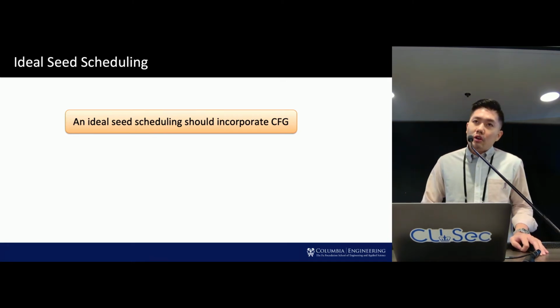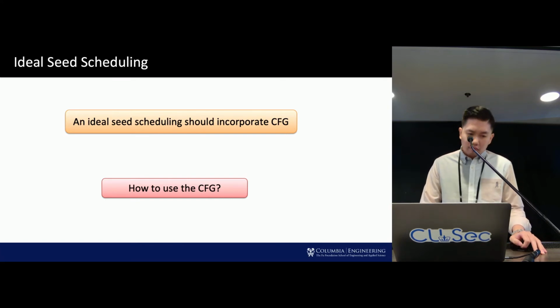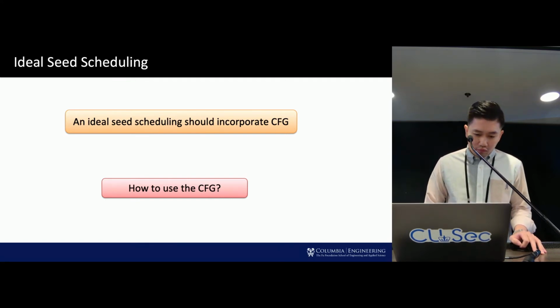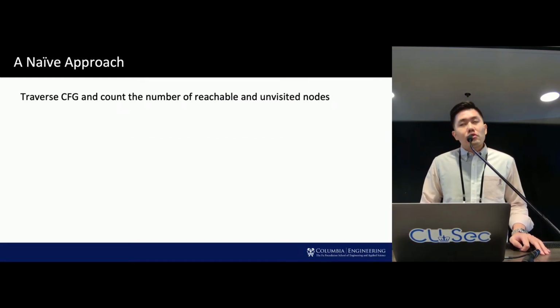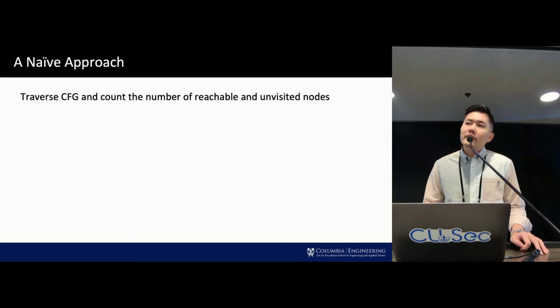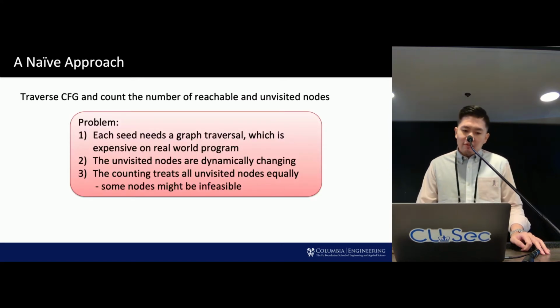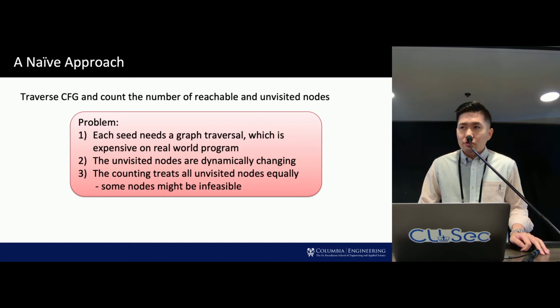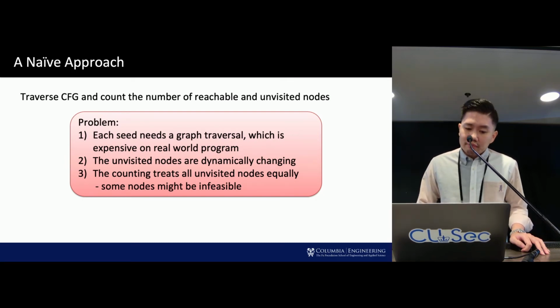Then the question here is, how to use the CFG in seed scheduling. Well, a naive approach is to simply traverse the CFG and count the number of reachable and unvisited nodes. But there can be many problems with this approach. First, the graph can be large on real-world programs, and each seed requires a graph traversal, which makes the process very expensive.